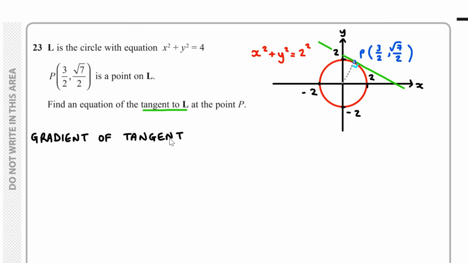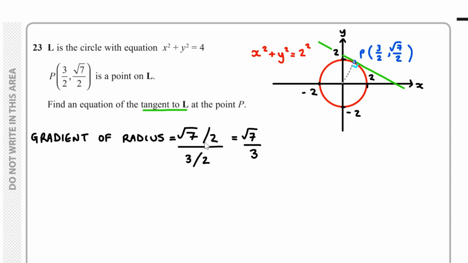So we need the gradient of the radius. Here I've got the change in y, which is √7 over 2, and the change in x, which is 3 over 2. Working this out, it turns out we get √7 over 3.